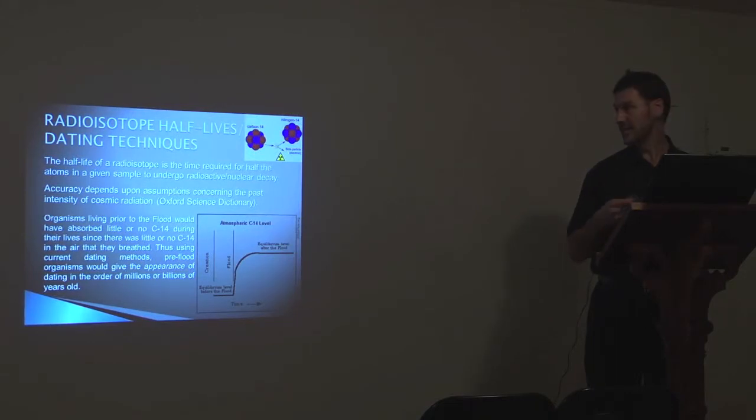And obviously that evokes all sorts of changes in terms of the equilibrium levels of carbon-14 after and before the flood. So although it's a theoretical curve, in principle it's quite logical. There's a fundamental change to the whole state of things.